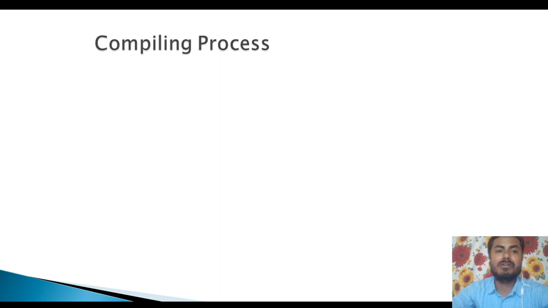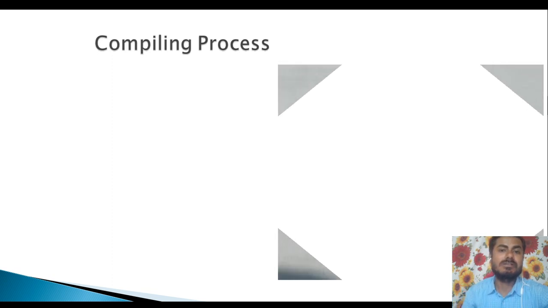We have understood what a compiler is and why it is used, and now we are going to see how the compiling process takes place while compiling programs written in C programming. So now let us see.